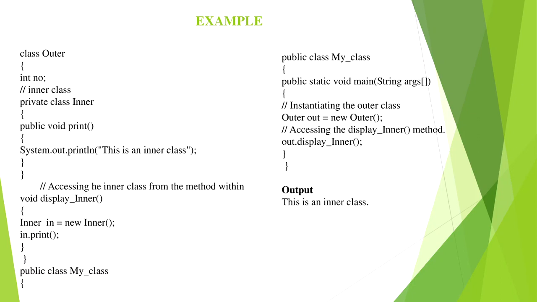And now I access the method display inner with the outer object, out.display inner, and you will get the output message, this is an inner class. Because when you call out.display inner, your control goes to the display inner method, but in that method I again create the object of the inner class and call the print method. So again your control goes to the print method and prints the message, this is an inner class. Okay.